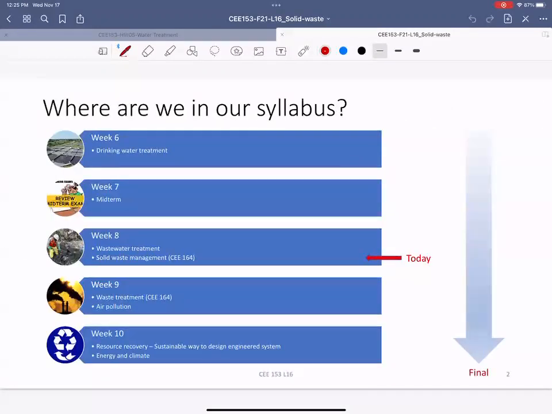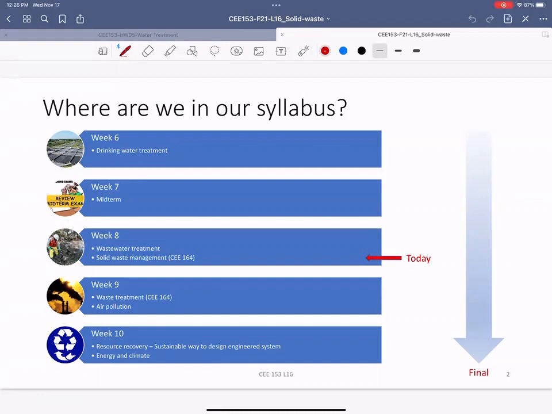Before that, I want to mention what is on the final, because that's the one important thing you have to think about now. Drinking water treatment and wastewater treatment are on the final. These two constitute two long questions. One is a hardness question, and another is a wastewater question, which is a mix of mass balance and more.